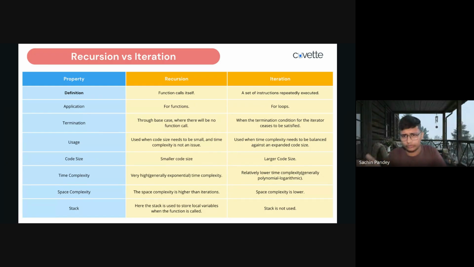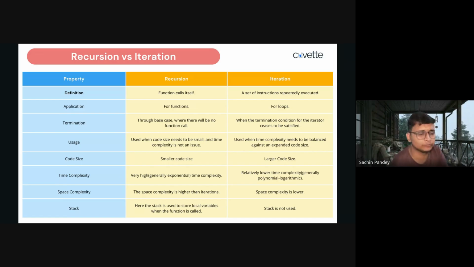You are executing a similar task multiple times. That is known as iteration. Applications: recursion is used mostly with functions, and iteration is used with loops, for loops, while loops, etc.